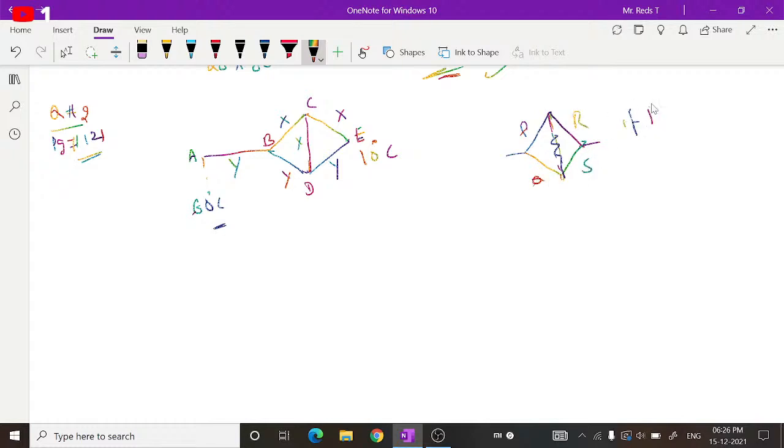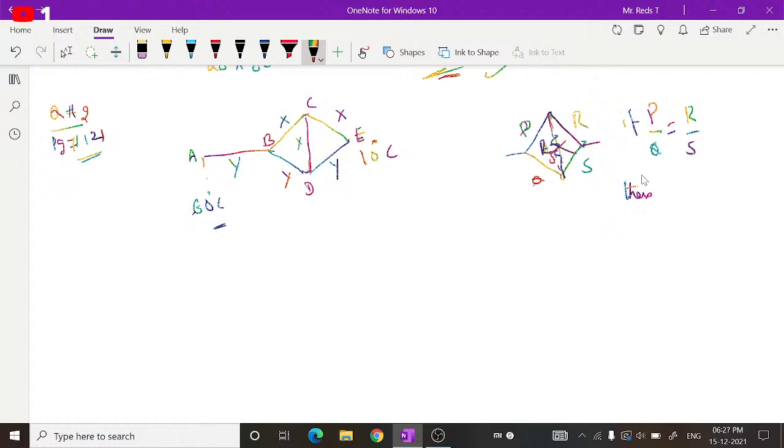If P by Q is equal to R by S, you can take the resistors as R1, R2, R3, R4, and this one will be R5.